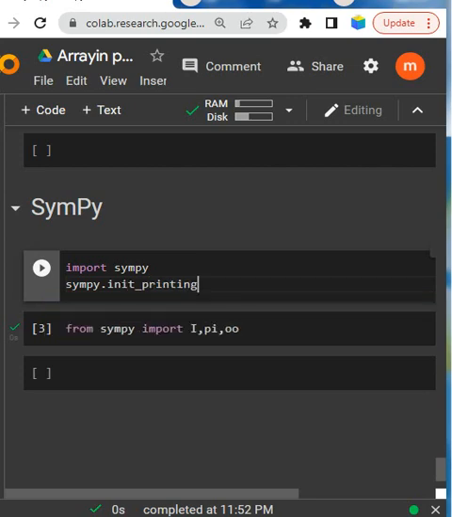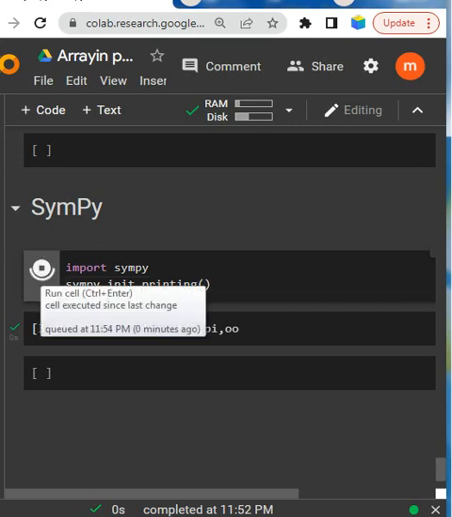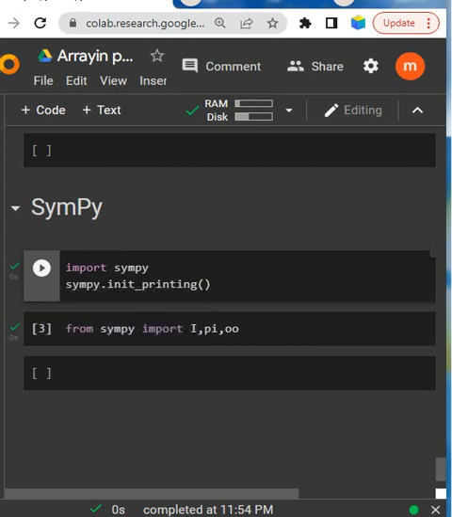You write the printing call with parentheses, and it also tells the SymPy printing system to display nicely formatted renditions of mathematical expressions.